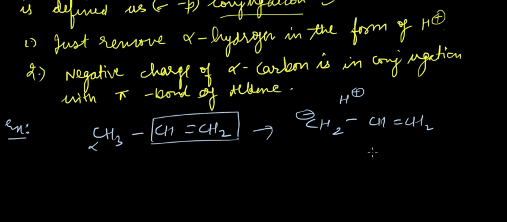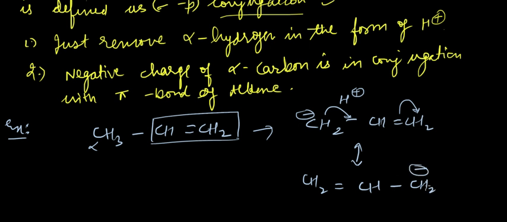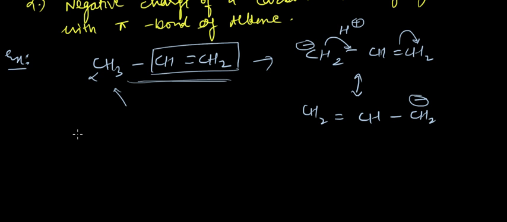What would happen is we would convert this again into something like this, the same resonating structures which we saw when we were understanding how to draw resonating structures. So in this case we have two resonating structures for this compound when we remove the alpha hydrogen. So the number of resonating structures for this alkene group through hyperconjugation is 2.